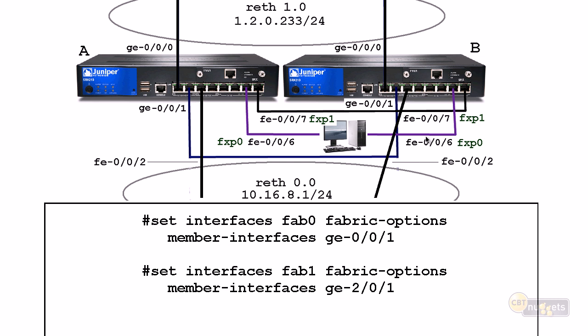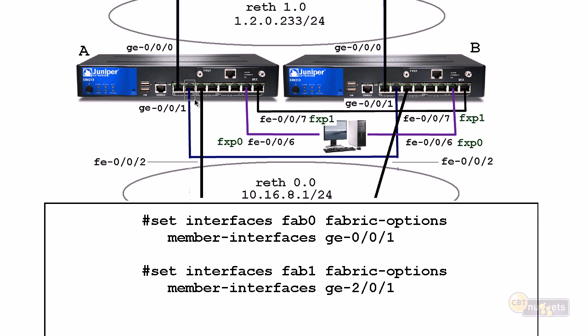Here, we're setting up our fabric links. This is the data plane link. So we're going to do both of these over here on device A. We'll do set interfaces fab0, which is for this device, and then fabric-options, and then member-interfaces. And remember, our fabric interface is ge-0/0/1 right here.